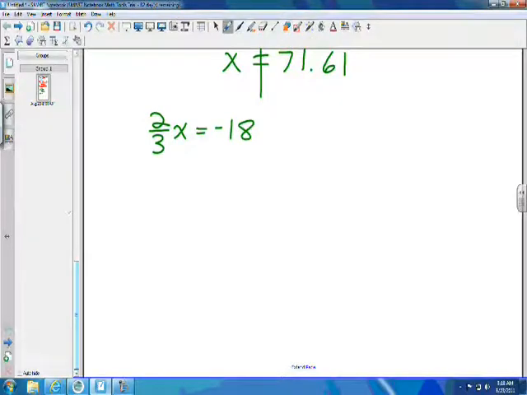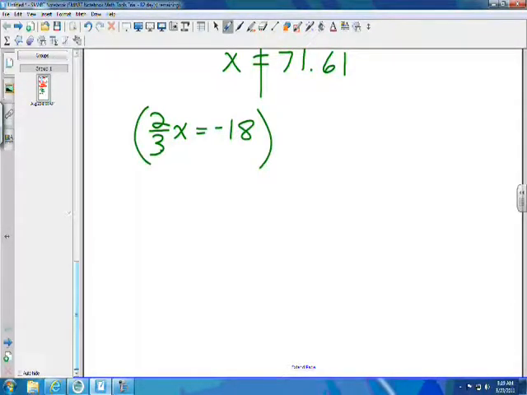What operation is going on right there? Multiplication. So what would you have to do? The opposite would be what? Divide by 2/3. But what's the rule about dividing fractions? You're not going to divide by 2/3. I know your calculator will do this correctly for you because it knows that's actually not possible and it multiplies it for you. Anytime you've got a fraction that you need to get rid of, you're not going to divide by the fraction. You are going to multiply by the reciprocal.